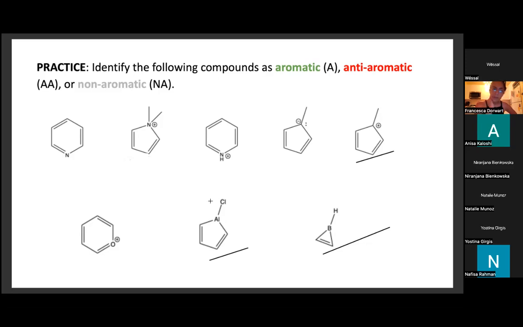Yeah. So again, if a p orbital is filled, it might be because it's already participating in a pi bond. If a p orbital is empty, then it could be used for resonance to become a part of a pi bond.